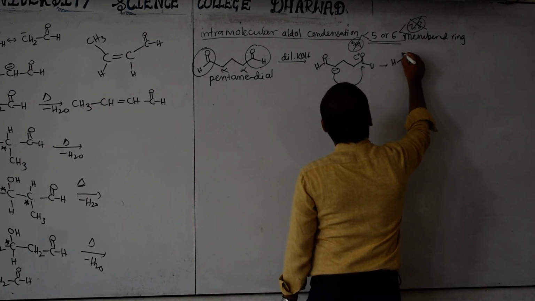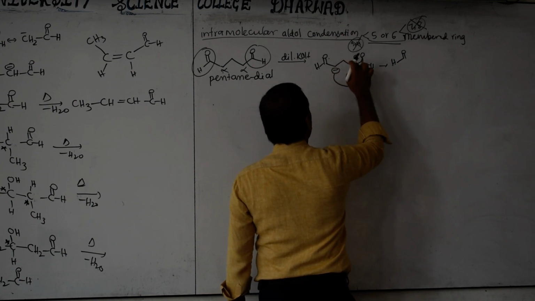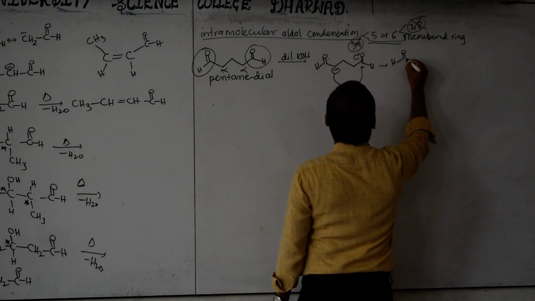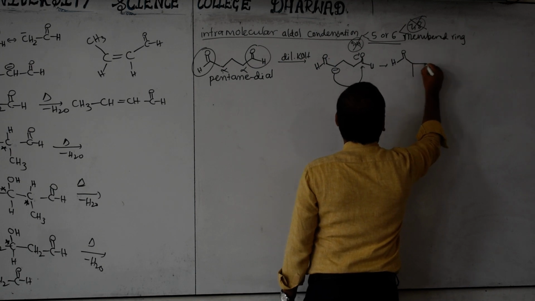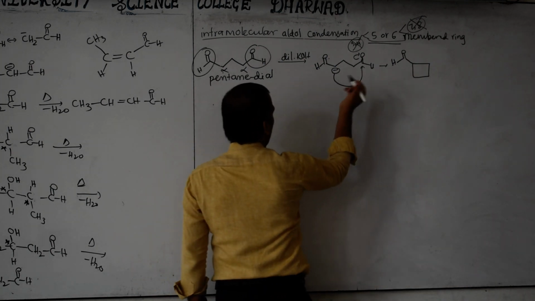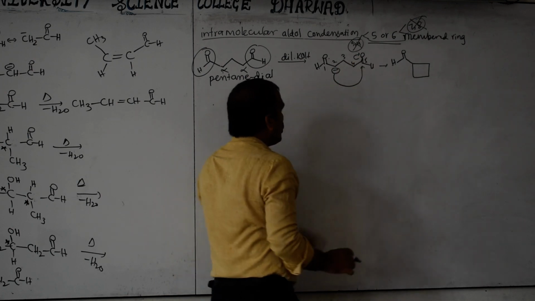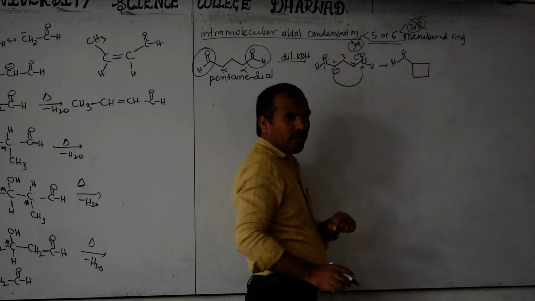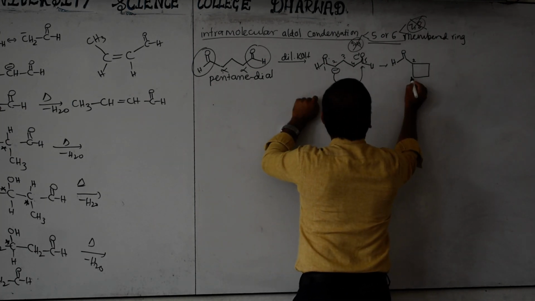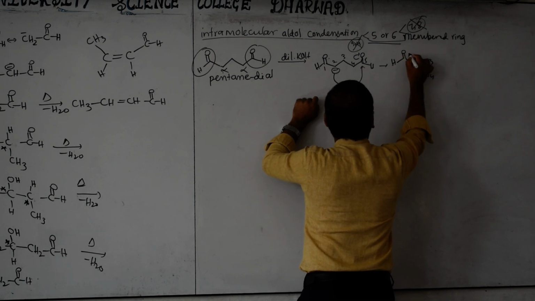H double bond. How many membered ring is this? 1, 2, 3, 4. 4 membered. We can give numbering for our understanding. 1, 2, 3, 4, 5. Carbon 2 is attacking carbon 5. This is 2, this one is 5, this is 3, this is 4, this is 1.